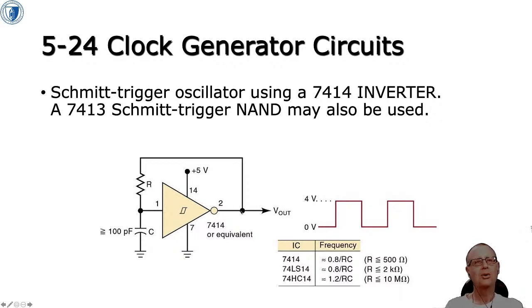So now we've got a logic 0, and because the inverter is coming through, we have to get a logic 1 on the output, and we start all over again. So it's a very simple feedback loop that causes the output of the Schmitt trigger to oscillate between a logic 0 and a logic 1.